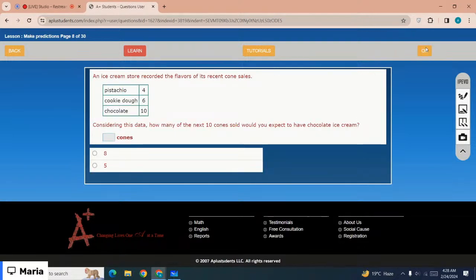The next one is: an ice cream store recorded the flavors of its recent cone sales. Considering this data, how many of the next 10 cones sold would you expect to have chocolate ice cream?